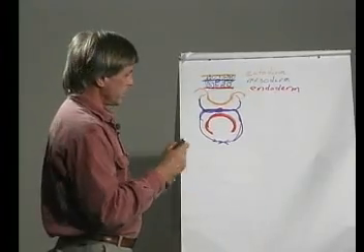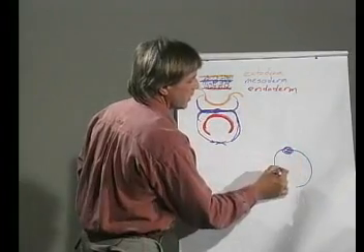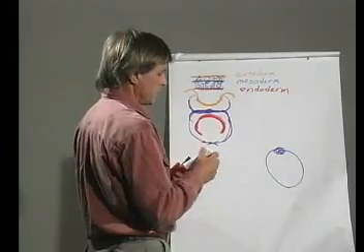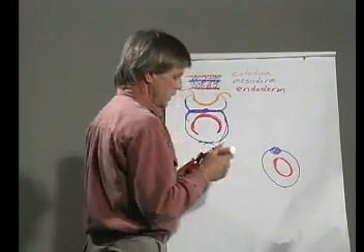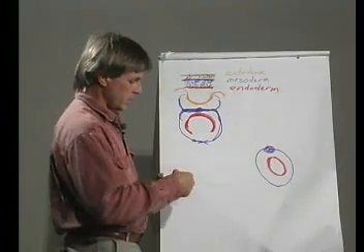Whereas the mesoderm comes around here and completely surrounds the endoderm into a tube, that, by the way, is your gut tube. It goes from your mouth all the way down to your anus.